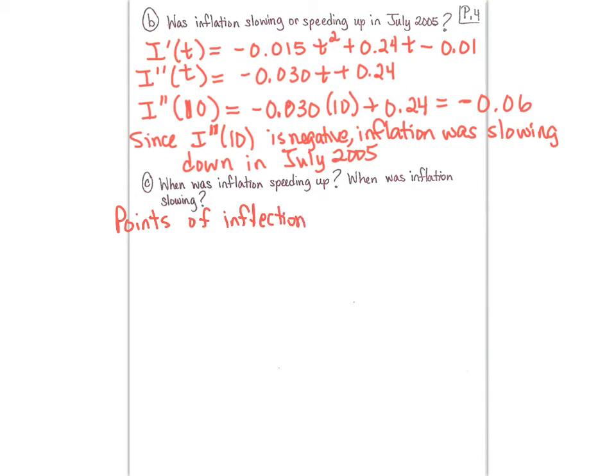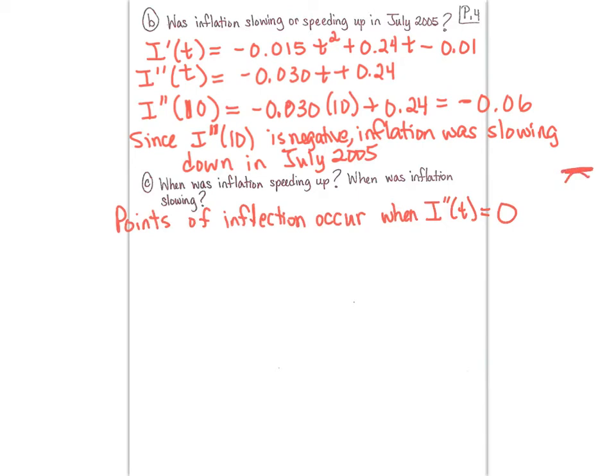Your points of inflection occur when your second derivative is equal to 0. Graphically, that means you have a horizontal tangent there.